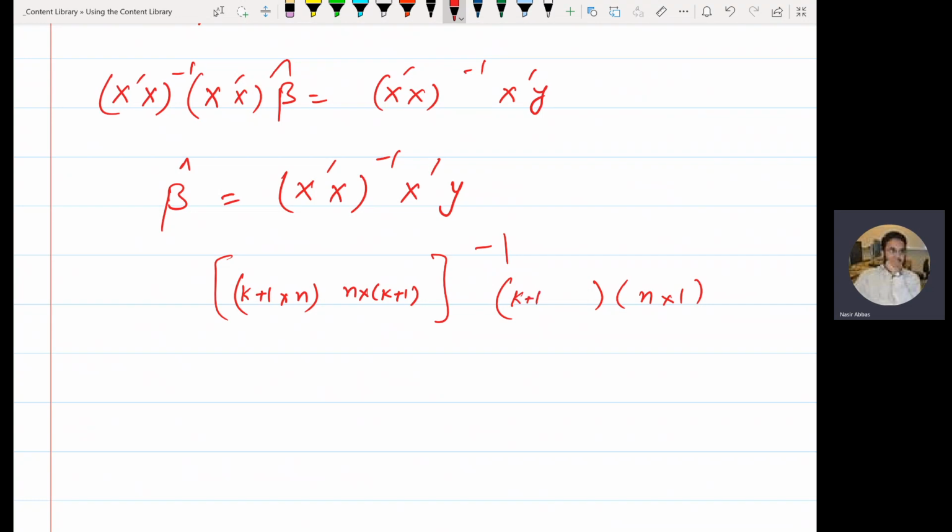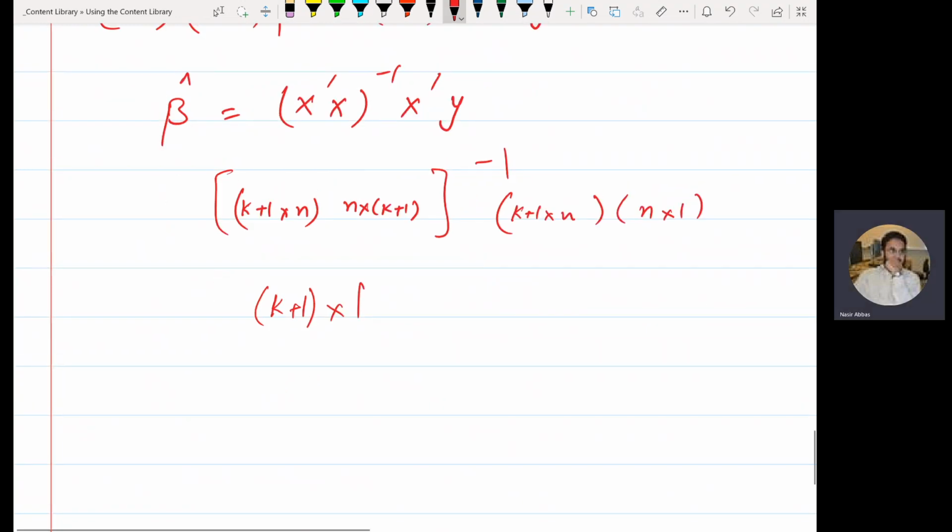In the bracket, the other bracket, x should be n multiplied by k plus 1, right? The x transpose, how many rows? Now it's correct. So the final answer of this one will be k plus 1 by n. Sorry, by 1.